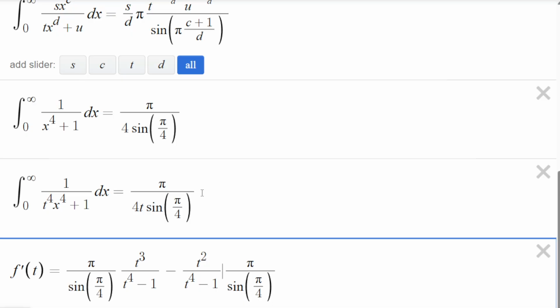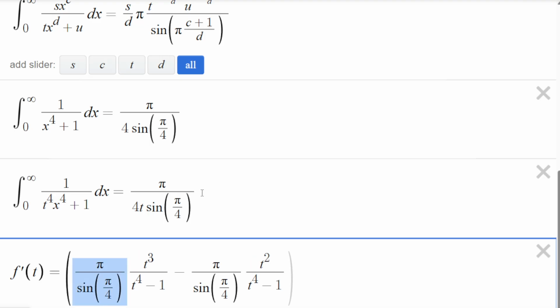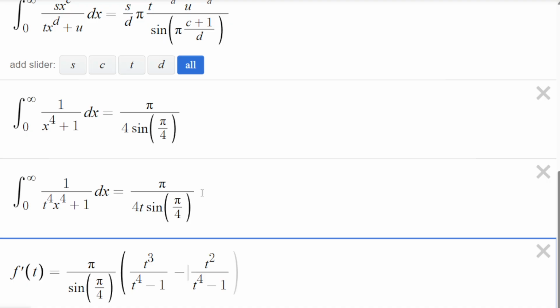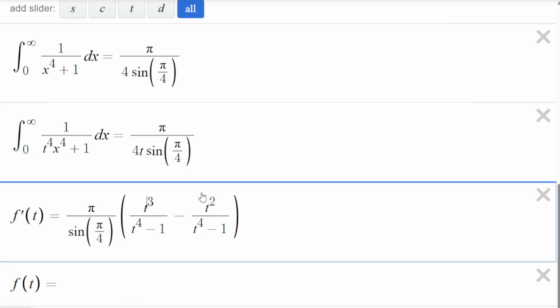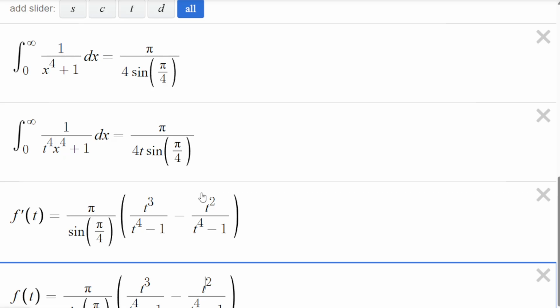And again, we're going to get a constant out front. So let's go ahead and factor out our constant term right here. There we go. So there's f prime of t. Now we need to get back to f of t. So f of t is going to be equal to, well, it's just the antiderivative of this thing with respect to t.